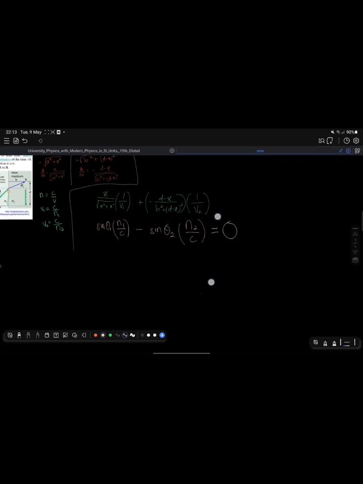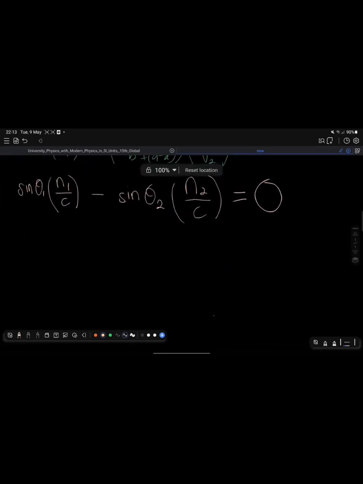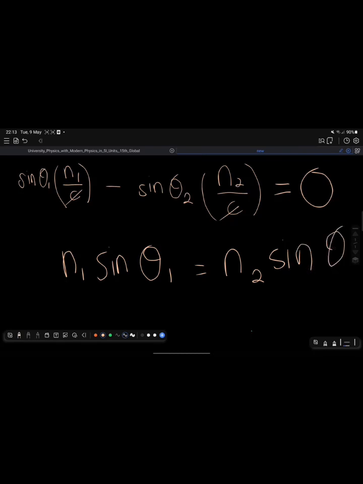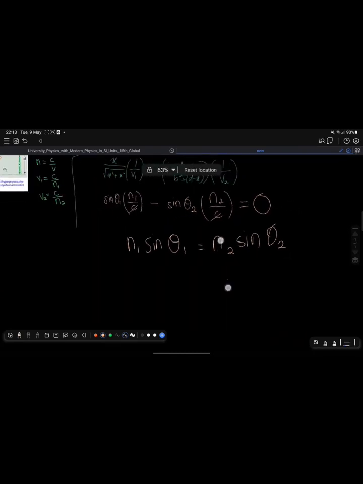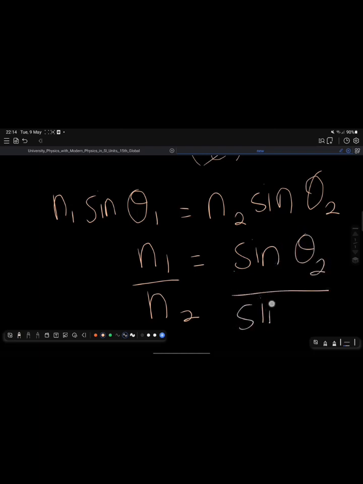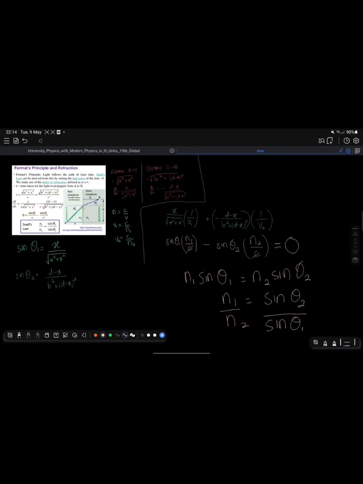Lastly, we arrange the equation. Then we can cancel the c as it is the same expression. So it will become n1 sin theta 1 equal to n2 sin theta 2. And lastly, it will become n1 over n2 equal to sin theta 2 over sin theta 1. And this is how we can get Snell's law from Fermat's principle. Thank you.